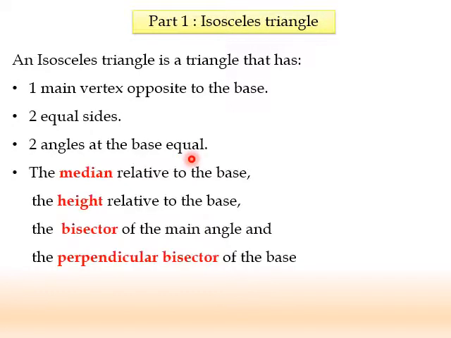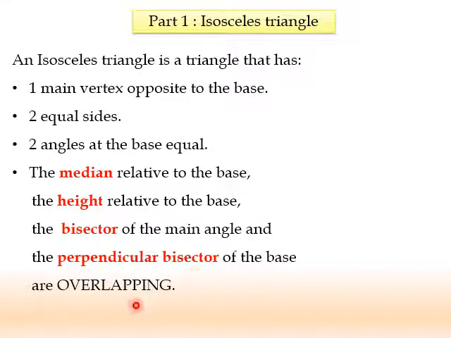They are always equal to each other. We should memorize that the median relative to the base, the height relative to the base, the bisector of the main angle, and the perpendicular bisector of the base are overlapping.